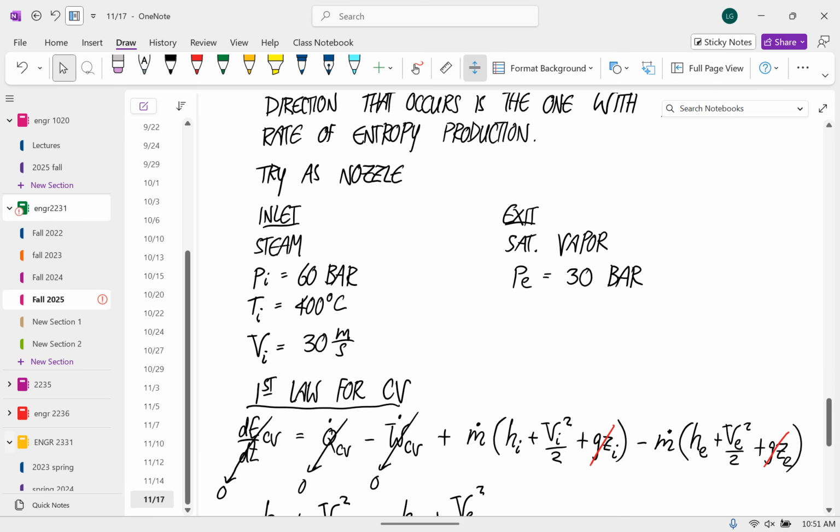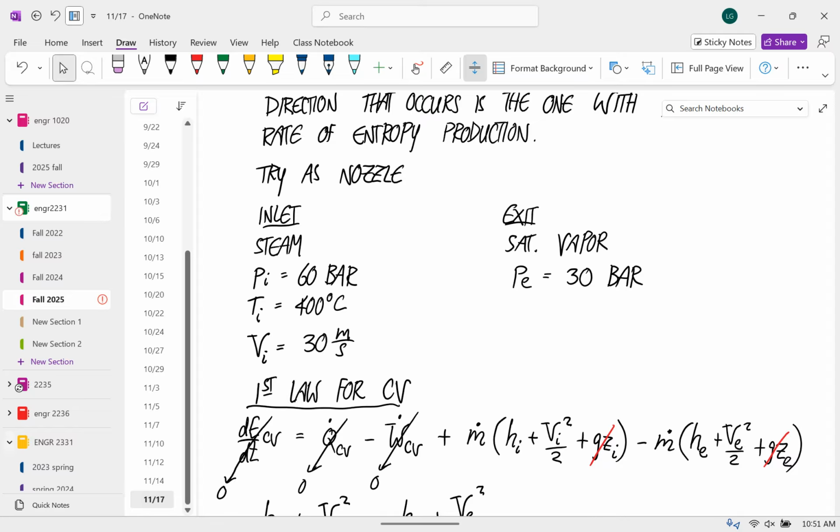It didn't ask for that, but we did it. So we started by saying, let's assume it's a nozzle. And so at that point, we knew the speed was going to be higher at what we were calling the exit. But what we really needed to check was, is it possible? Or is it only possible going the other direction? Yeah, the second law was needed to make sure it actually was possible.